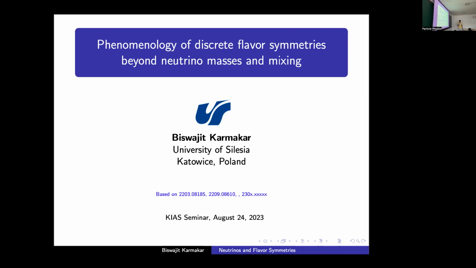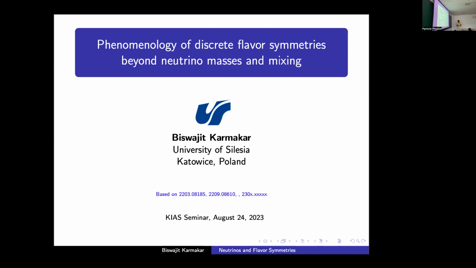For example, in this A4 model which explains tribimaximal mixing, the structure of the Yukawa coupling is such that it leads to Y†Y being unity. Therefore, you will not get any imaginary component to have a non-zero asymmetry parameter. So basically this will be epsilon zero.